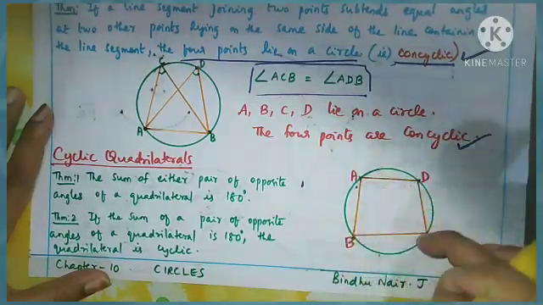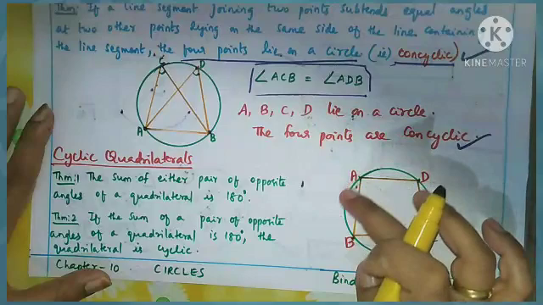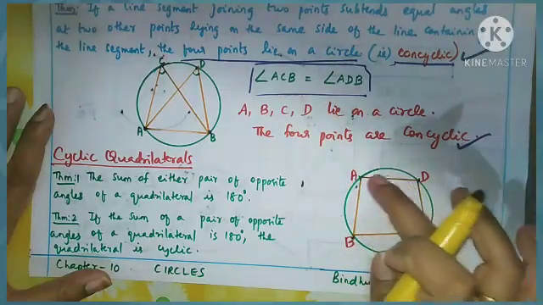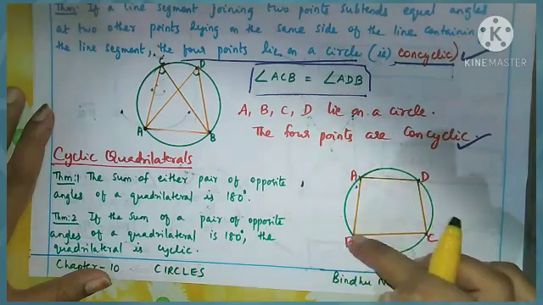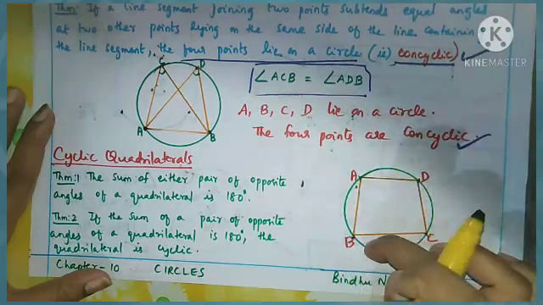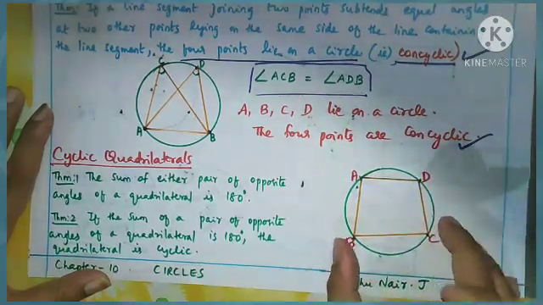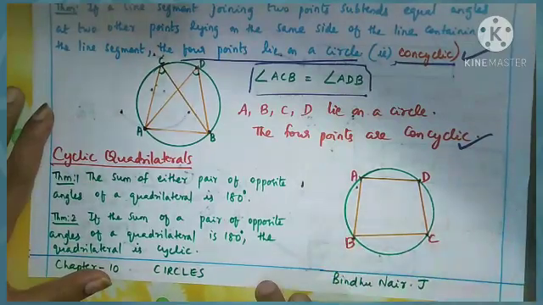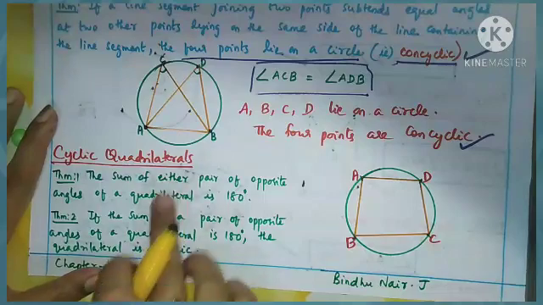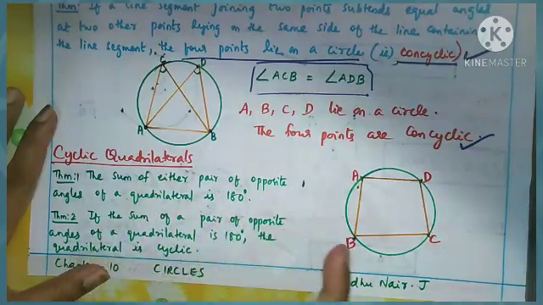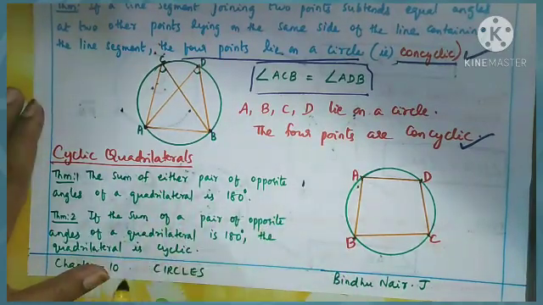So when these 4 vertices are 4 points on the boundary of a circle, we say that this quadrilateral is a cyclic quadrilateral. Okay, so here also you want to remember 2 theorems. Here also the proof is not needed, you just remember the statement.